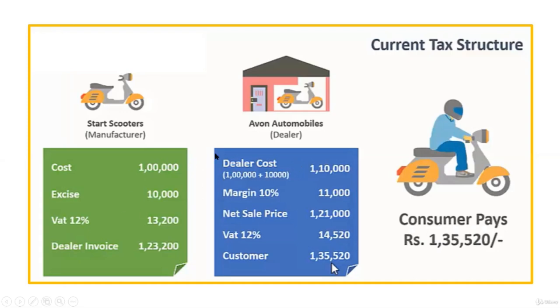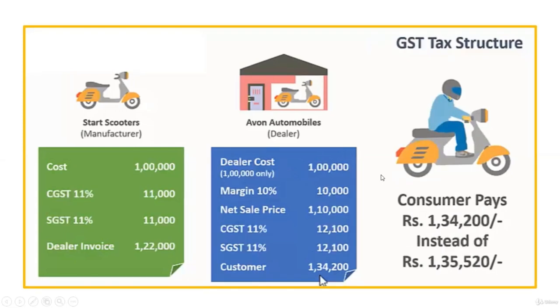So the dealer cost to Avon Automobiles comes to 1,10,000, and then they add a profit margin of 10%, that comes to 11,000. On the net sale price, they add VAT at 12%, and the customer has to pay 1,35,520.